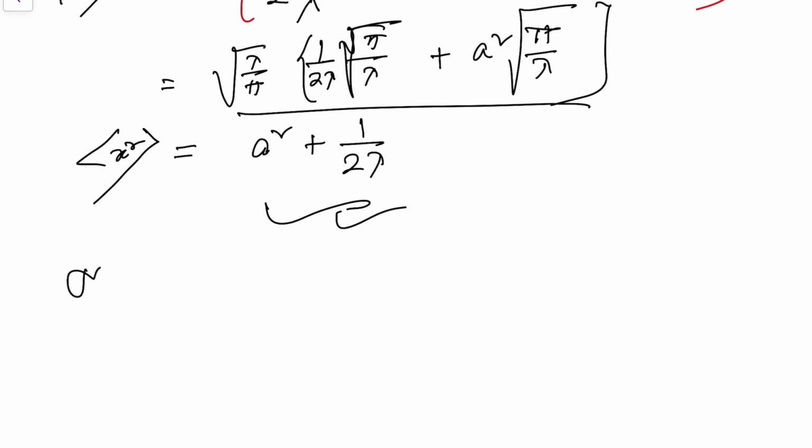And we also need to find the variance. This is sigma square. Sigma square is given by, as I have already explained, the average of the squares minus the square of the average.